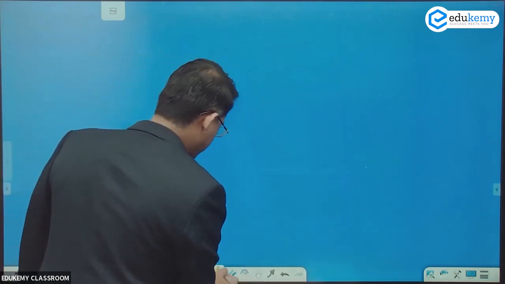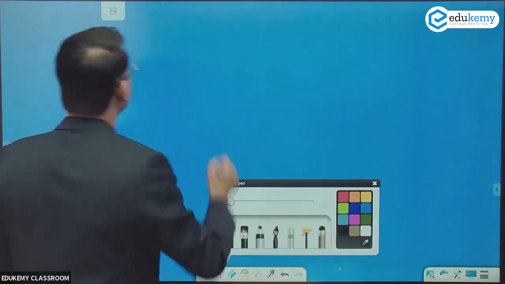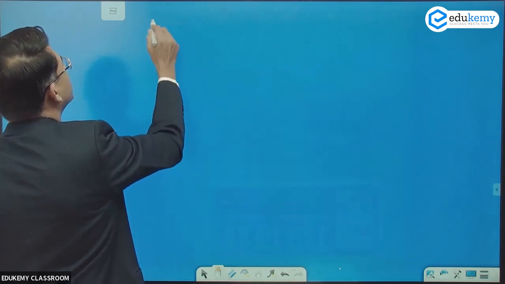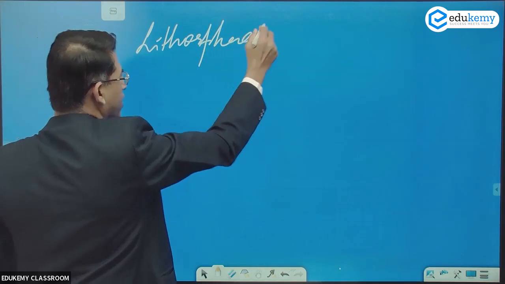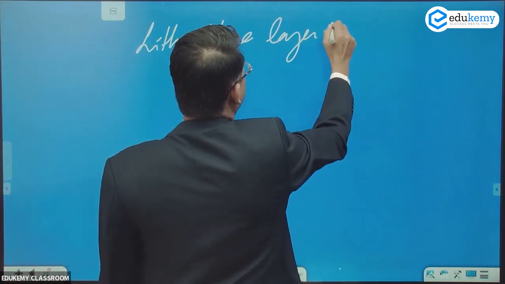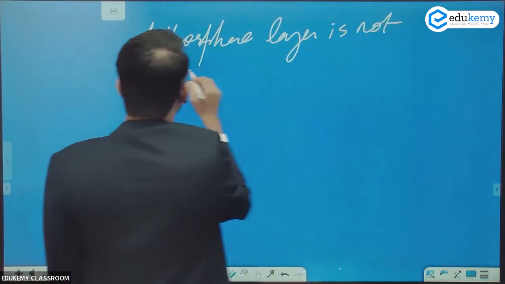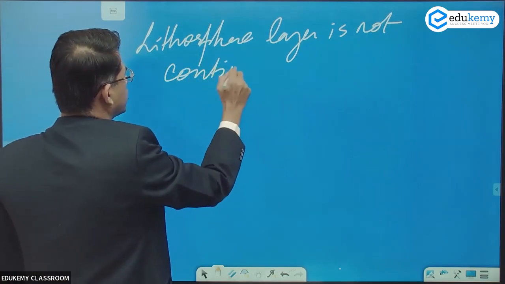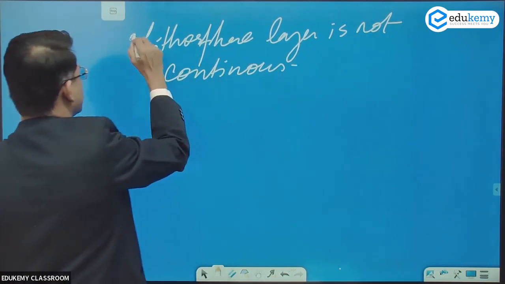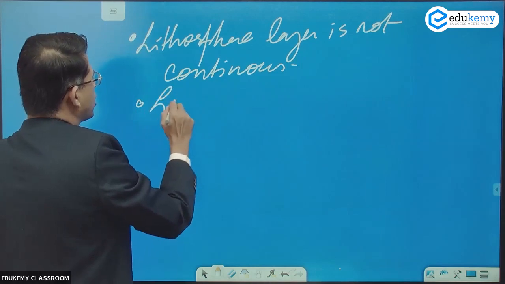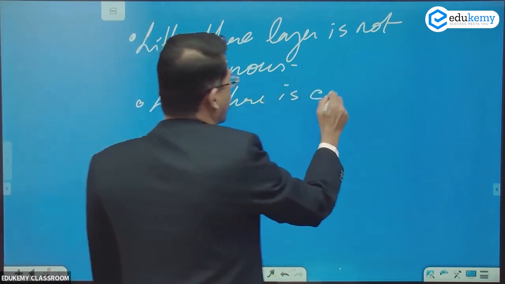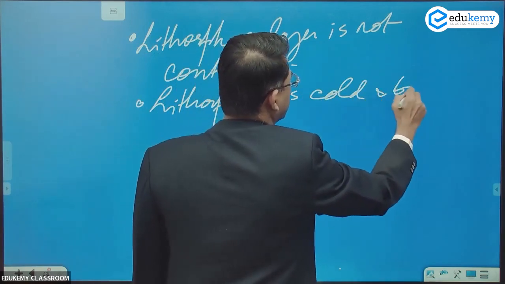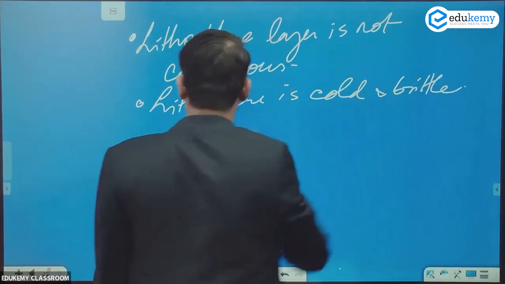Now, one quick discussion here. The discussion is that the lithosphere layer is not continuous. The lithosphere is cold and brittle.